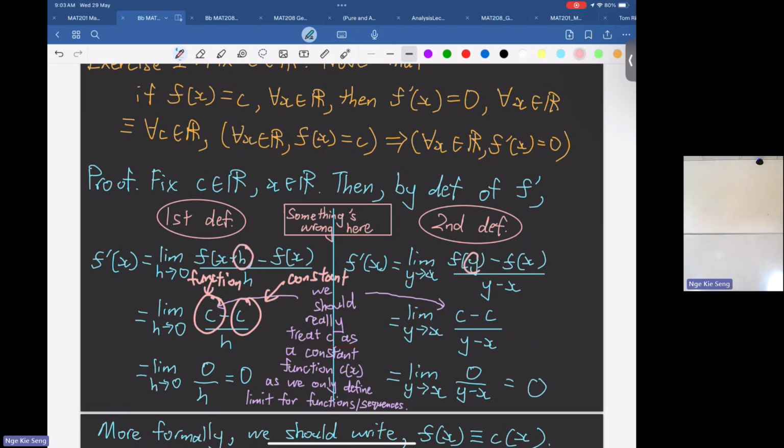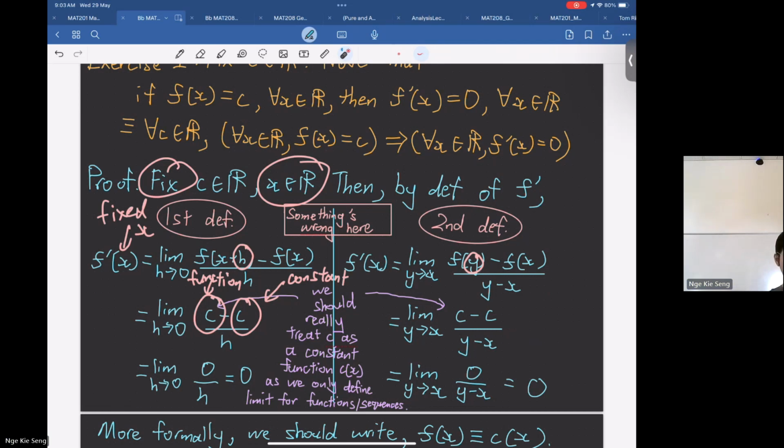For the first, y is also a variable, but what is x? This x is a fixed x, right? You can think of x as any real number, maybe 1, 2, 3, 4, 5, 3.3. So it's fixed, but h is a variable here. Does it make sense?